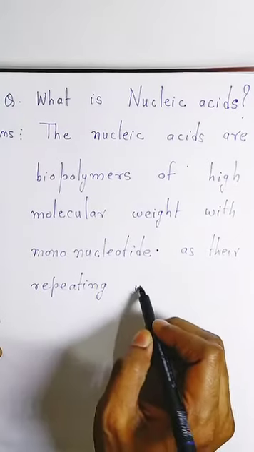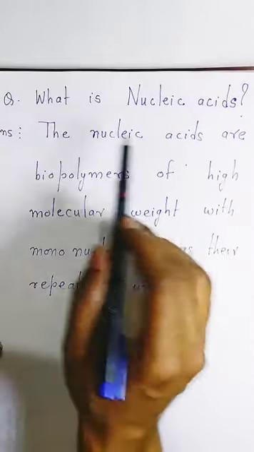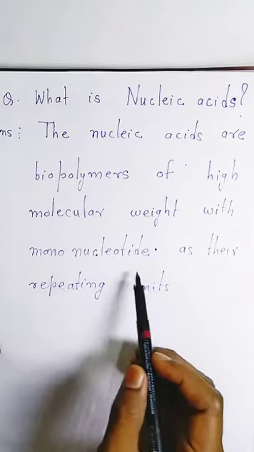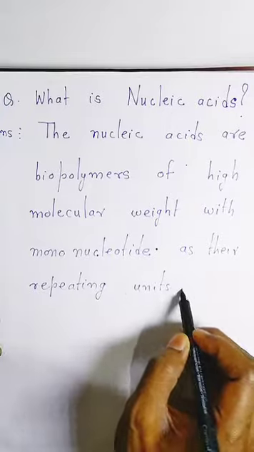This will be the exact definition of nucleic acid. So if anybody asks what is nucleic acid, the nucleic acids are biopolymers of high molecular weight with mononucleotide as their repeating unit. This will be the correct definition.